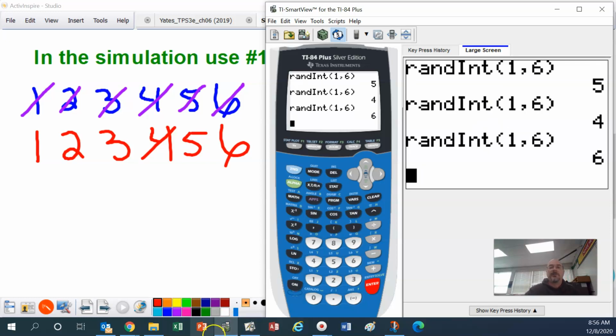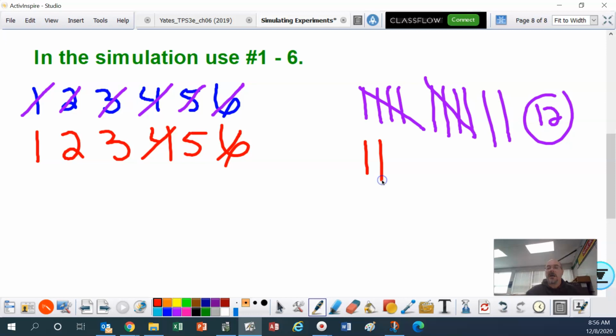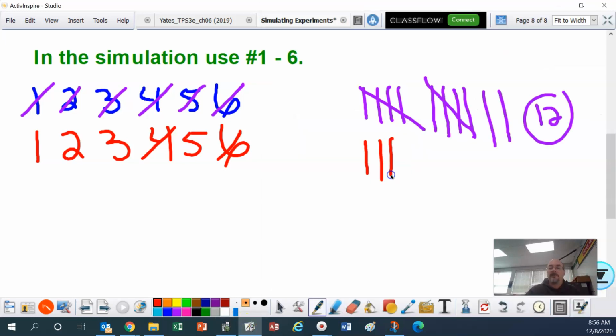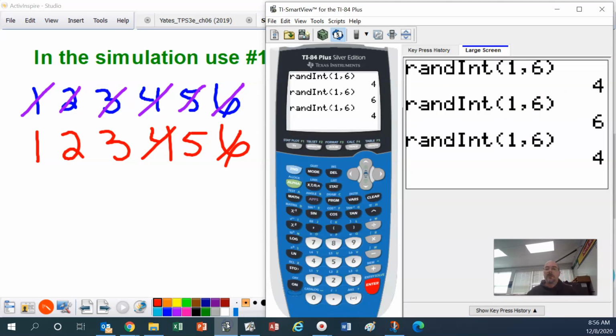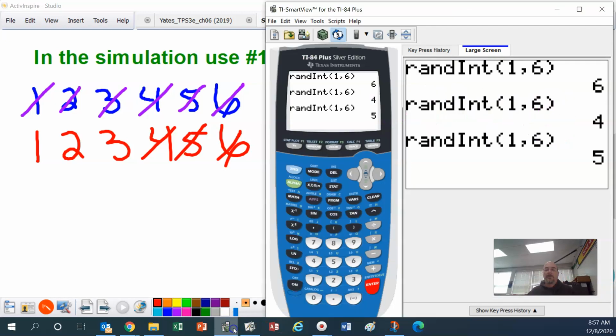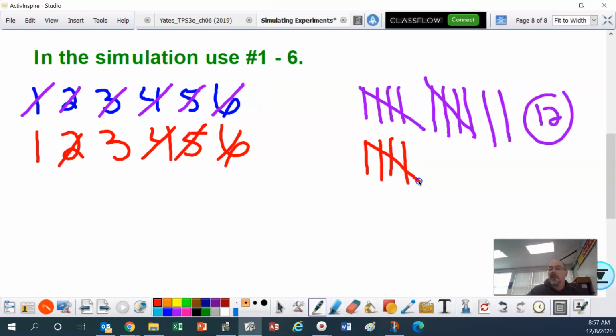Prize number 6. Cross it off, tally mark. Prize number 4 again. Okay, just a tally mark that time. Prize number 5, tally mark. Good. Prize number 2, tally mark.